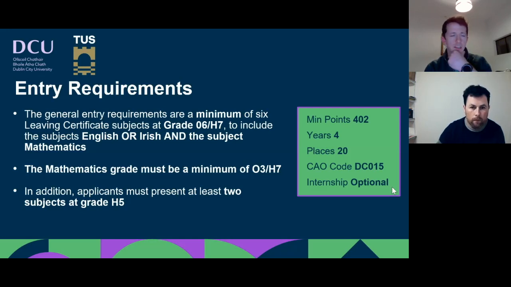The mathematical content of the program isn't very challenging, but there are elements of engineering and technology subjects that include elements of maths, so this entry requirement needs to be met. And then applicants must present at least 2 subjects at grade H5 as well. So it's at a nice point threshold after the first intake of 402 points.